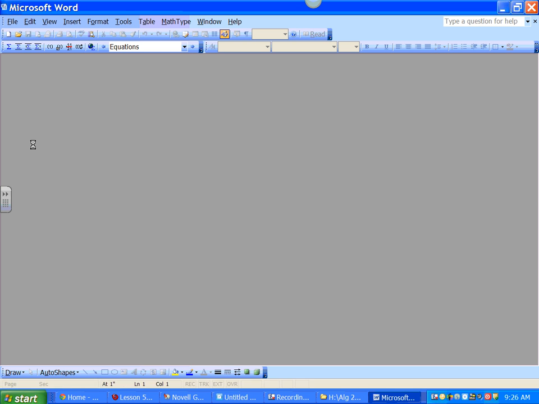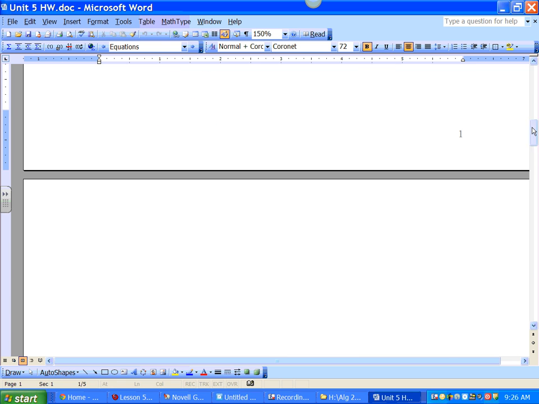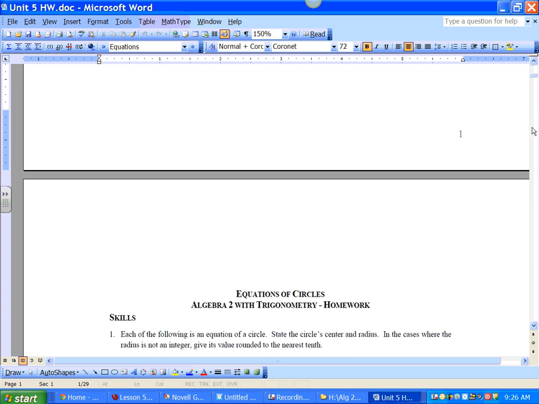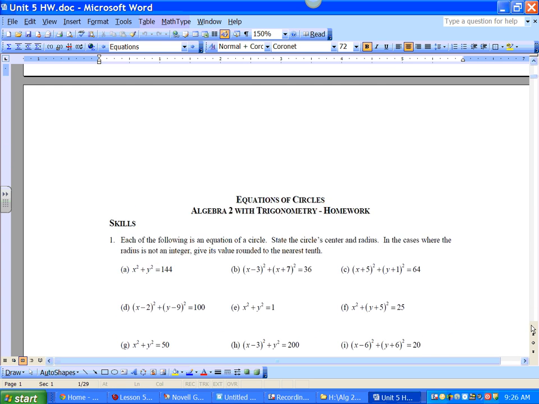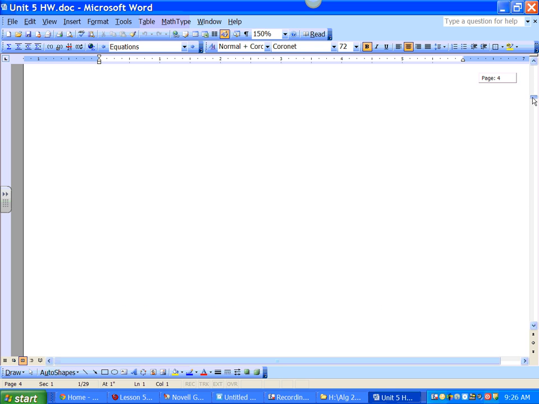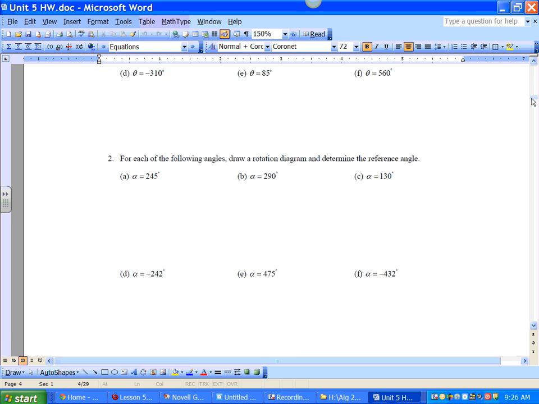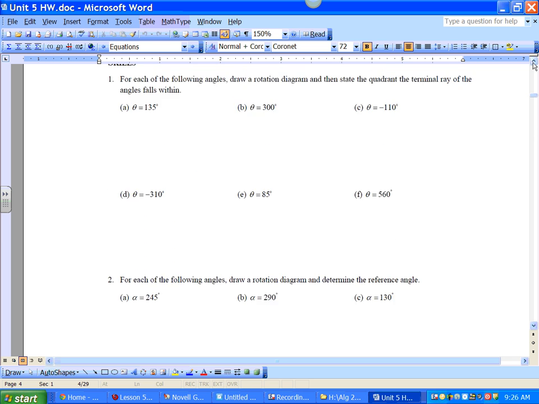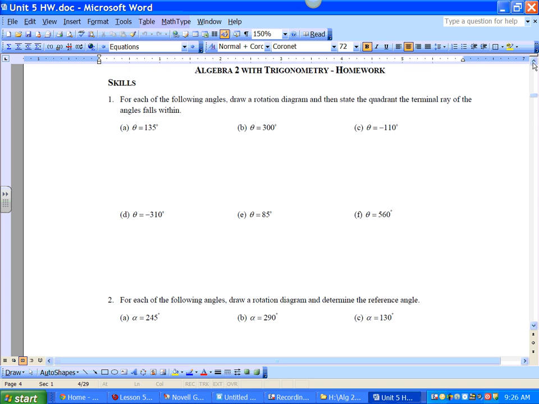Yep, just page 4 today. Okay, so number 1, I'm just asking for the rotation diagram. Make sure you label everything and tell what quadrant it terminates in.